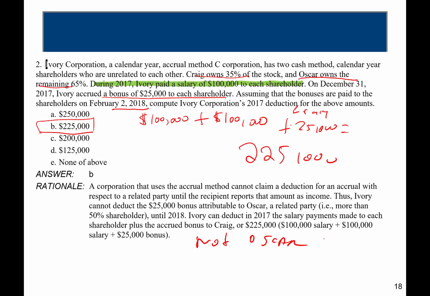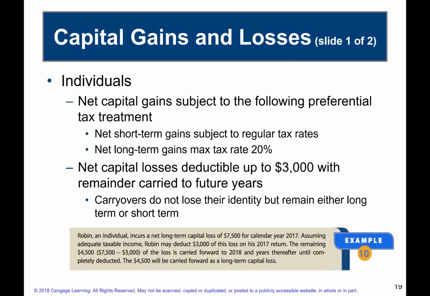All right, let's take a look at capital gains. Now, just quickly reviewing what we learned back in chapter 2. Remember when you were young and we were still doing this stuff? Back in chapter 2, we said that you would basically net your capital gains and capital losses, and if you had net short-term capital gains, that was ordinary income subject to regular tax.